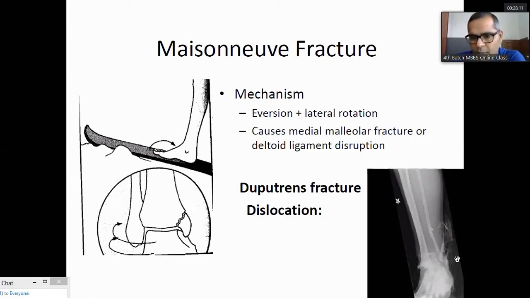And when this is associated with dislocation of the ankle joint, like in this X-ray, there is a gross disruption of the distal tibiofibular joint, the syndesmosis. So this is typically the Dupuytren's fracture dislocation.